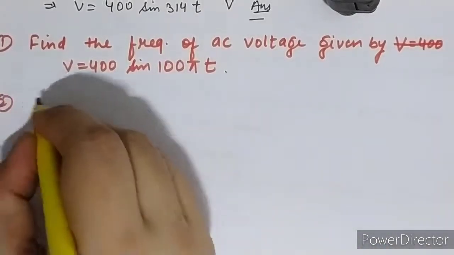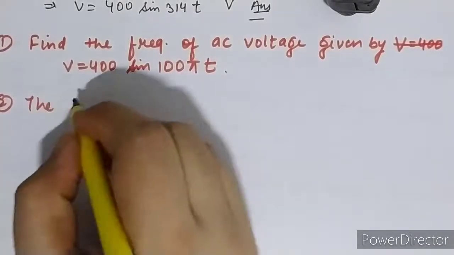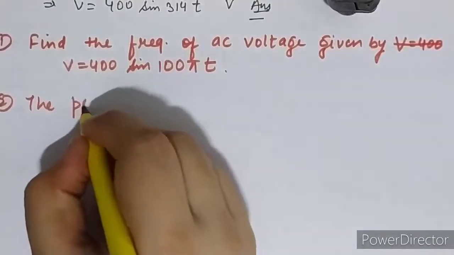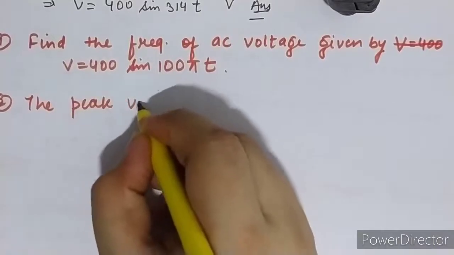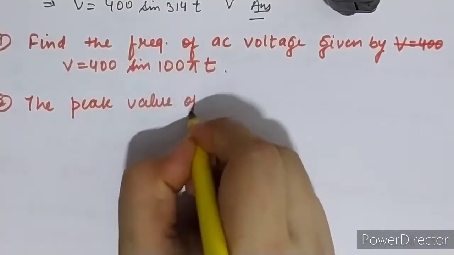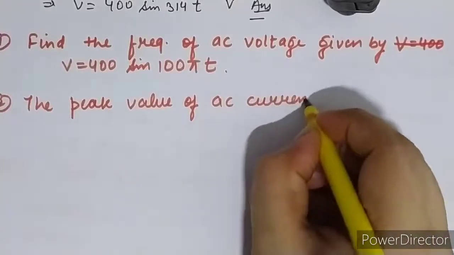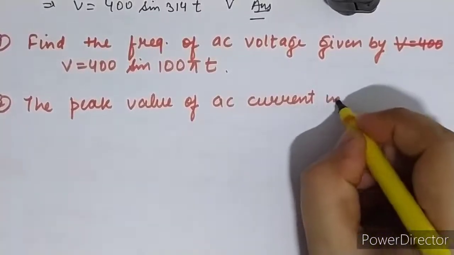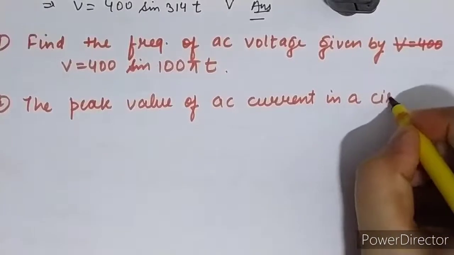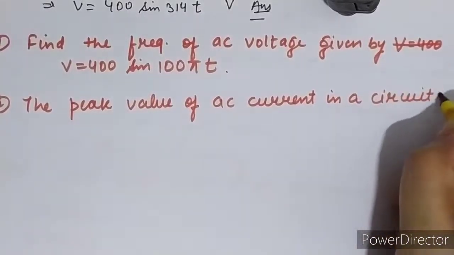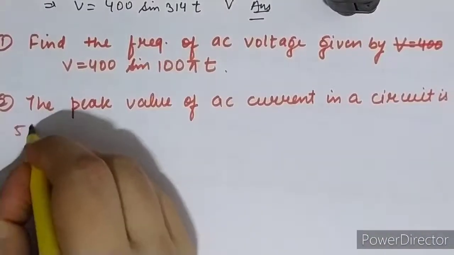Second question: the peak value of AC current in a circuit is 5 ampere.